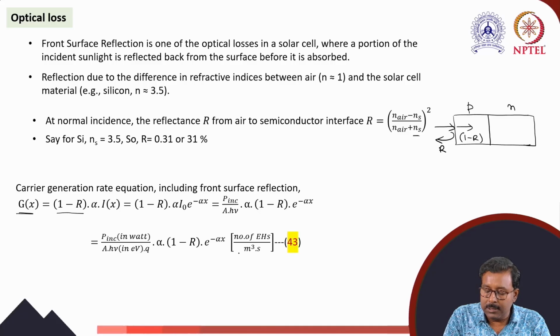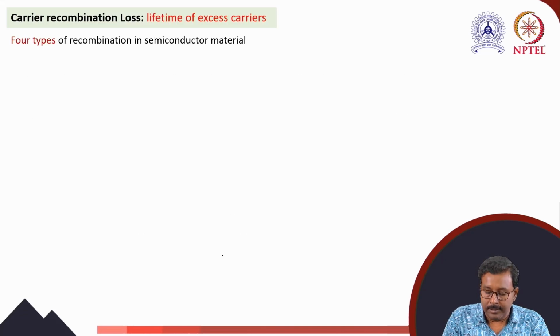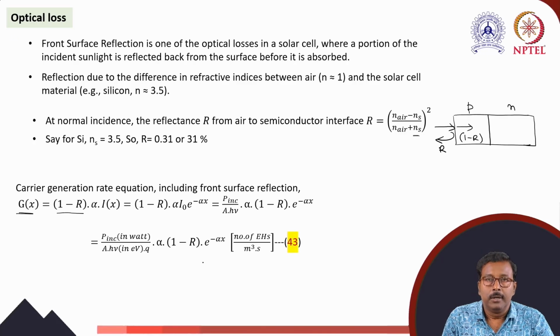If you calculate this for n_s equal to 3.5, the reflectance will come to almost 31%.